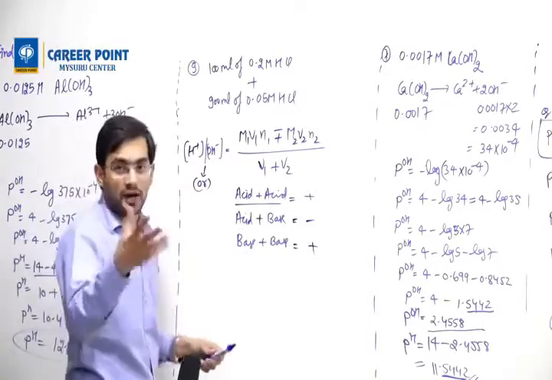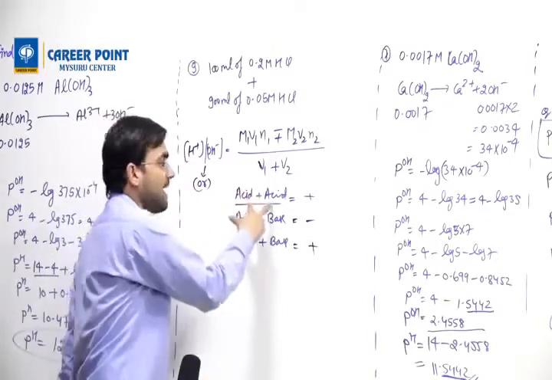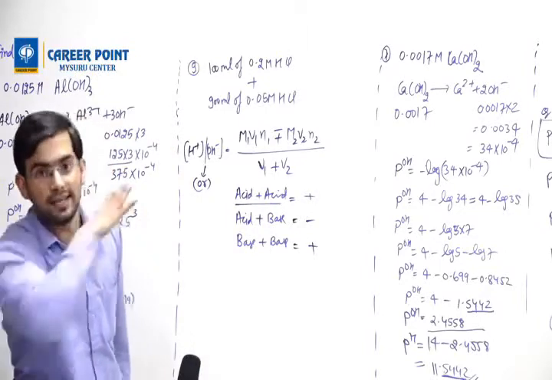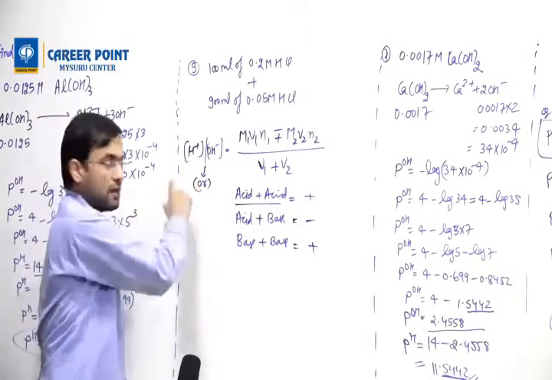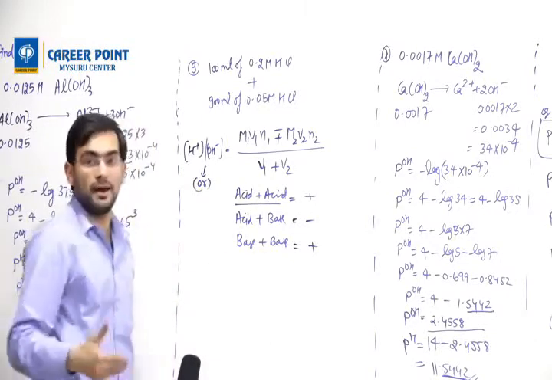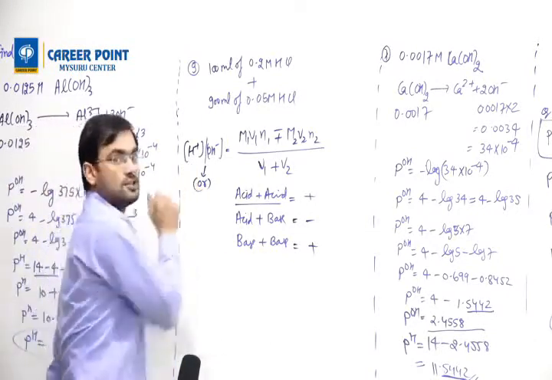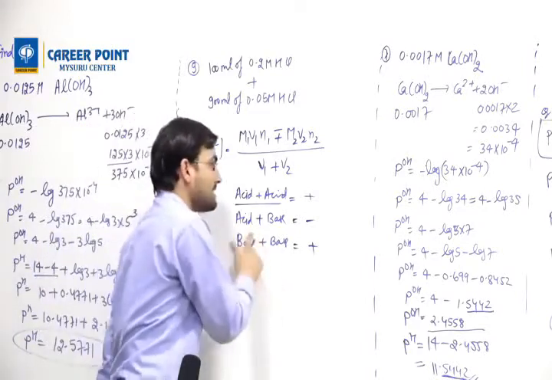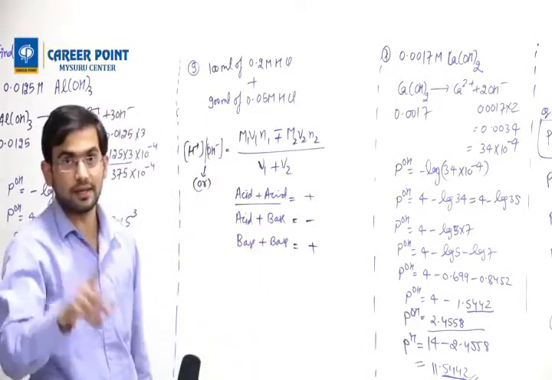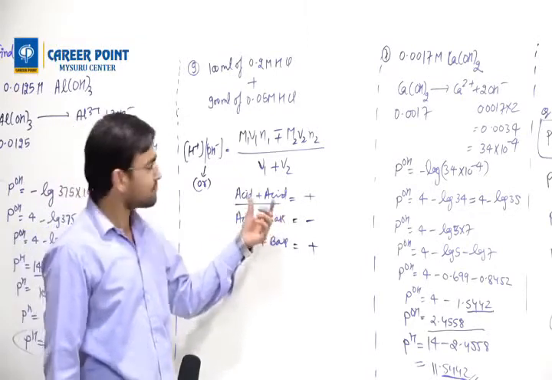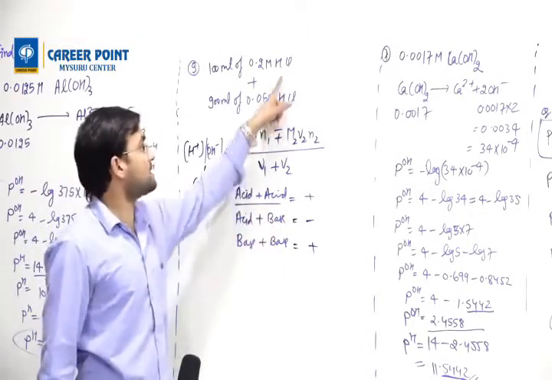Okay, then what? If you are adding acid and acid, then acid will give you H plus, so you will use H plus. If you are using base and base, which gives you OH minus, then OH minus. Then when you are using acid and base, this is the critical part, okay?